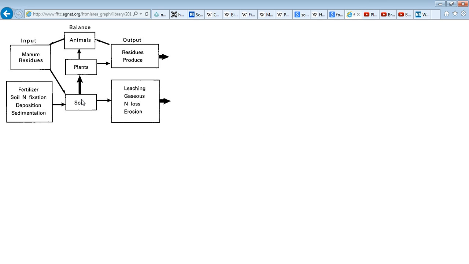So you've got soil that feeds the plants, which feed the animals. Plants also give out residues, and that also feeds the animals. Animals then do poos, and that becomes manure, and that helps the soil.